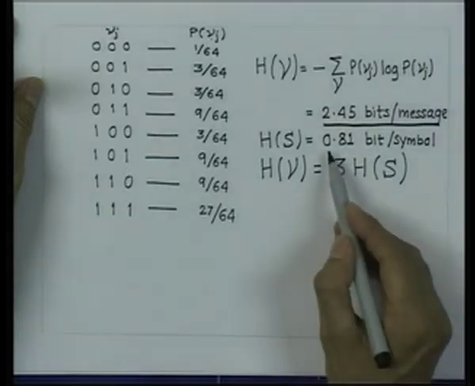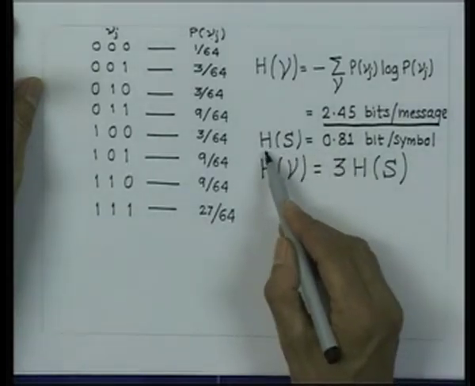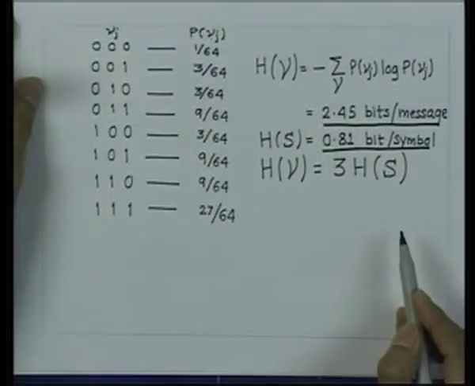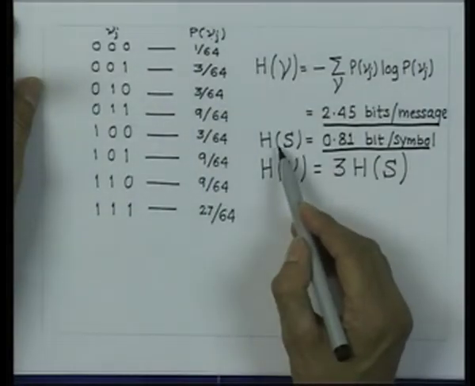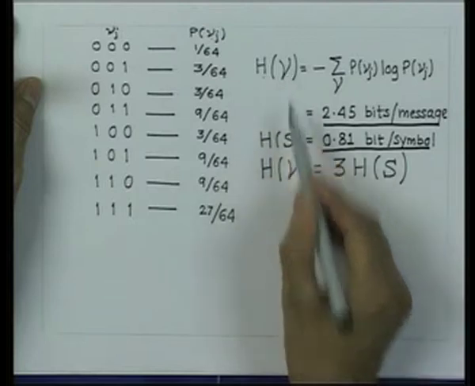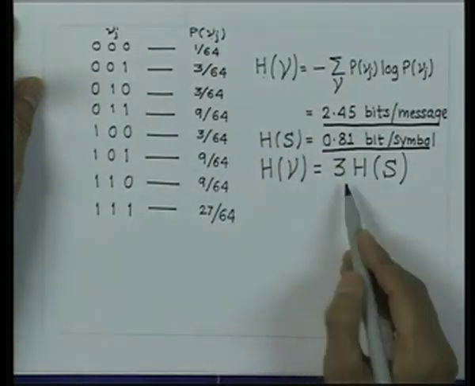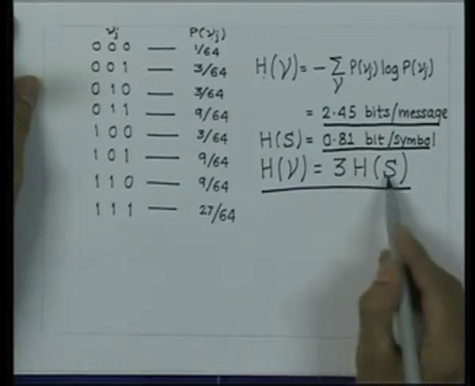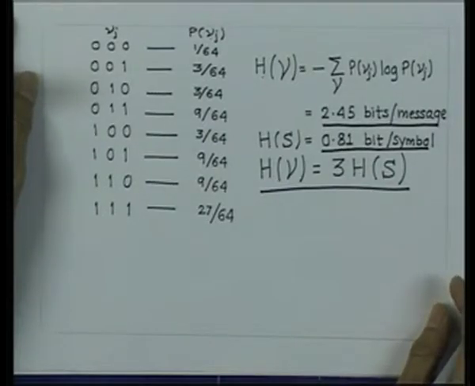We had just seen that the entropy of the binary source, when I looked at the sequence in terms of symbols emitted individually, is 0.81 bit per symbol. So, the relationship between H(V) and H(S) turns out to be H(V) equals 3 times H(S).